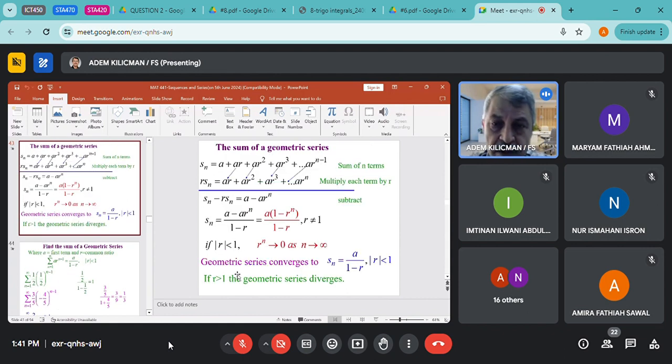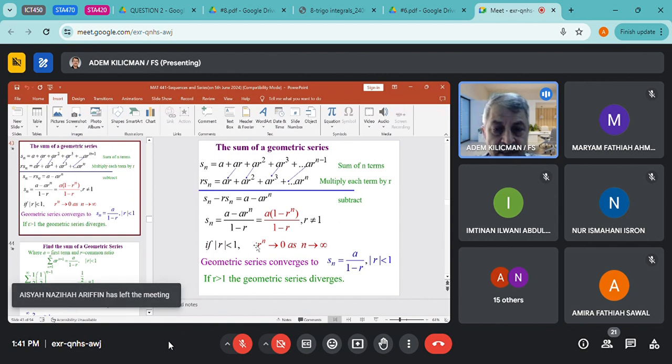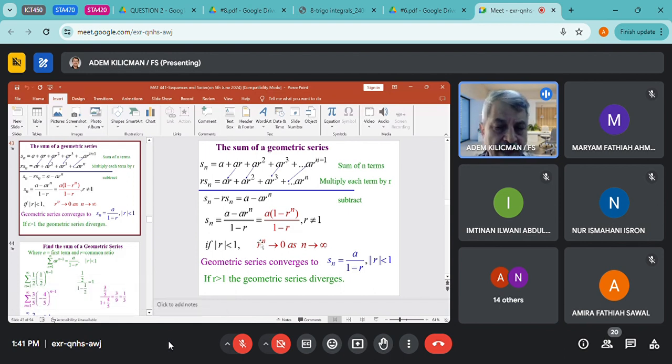In other words, this property does not hold at that time if R is greater than 1. If R is greater than 1, its power will be increasing. For example, the 1 power is 1, 2 power is 4, 3 power is 9, and it goes on like that. So R to the power N doesn't go to 0.